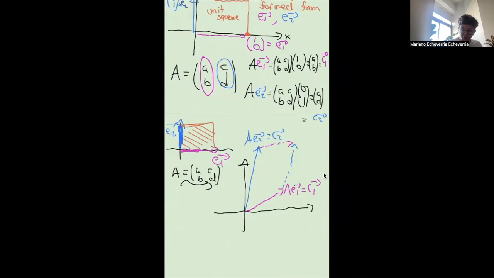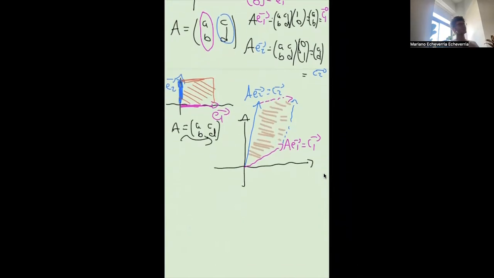You may not even get a square now, because the angles may change. So the matrix multiplication transformed the unit square into a parallelogram.